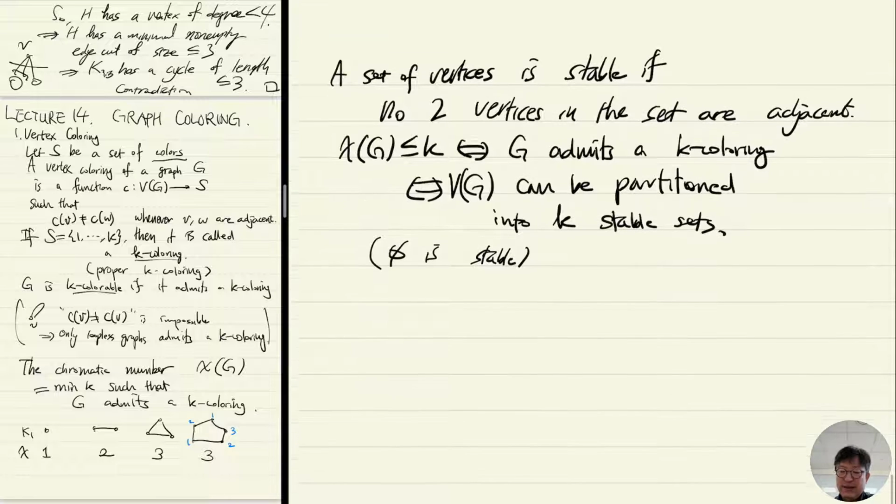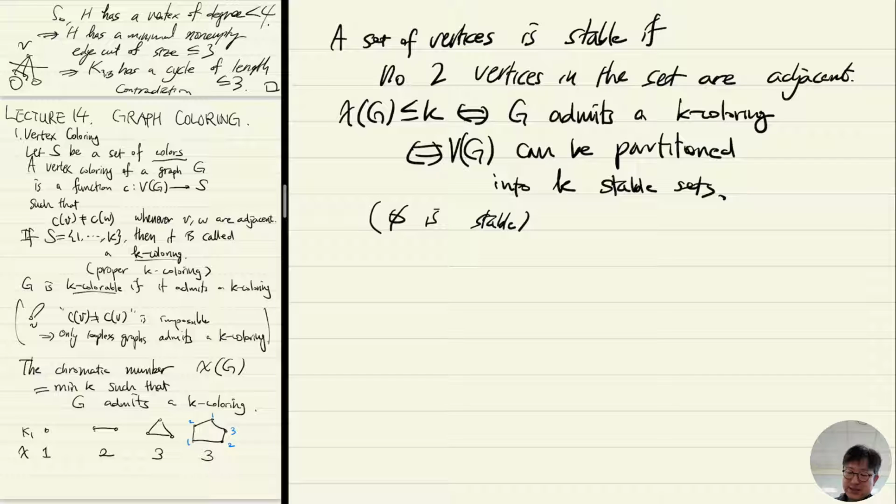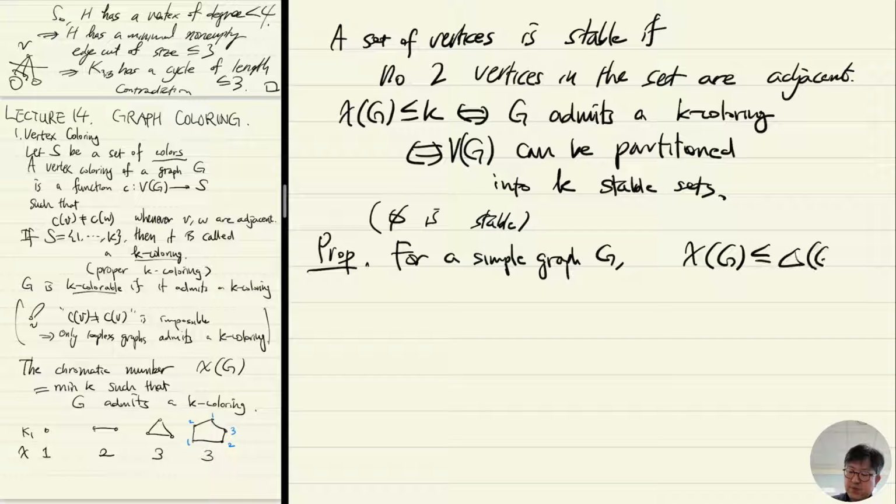Now, let's start with the simplest observations. For a simple graph G, the chromatic number is at most delta plus 1. Why?